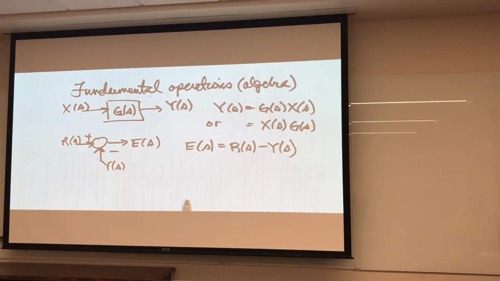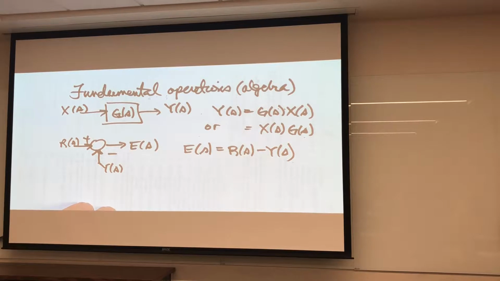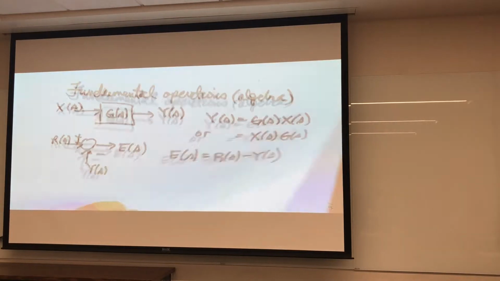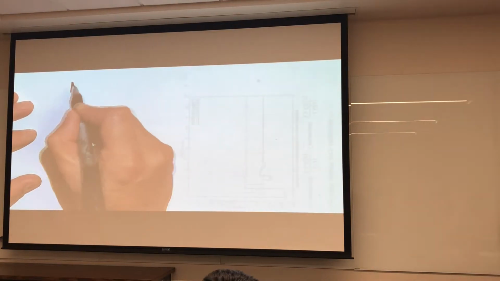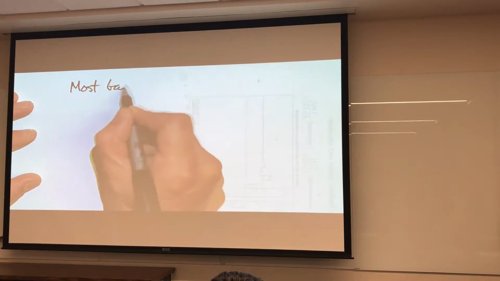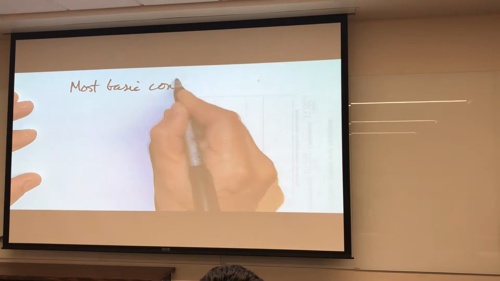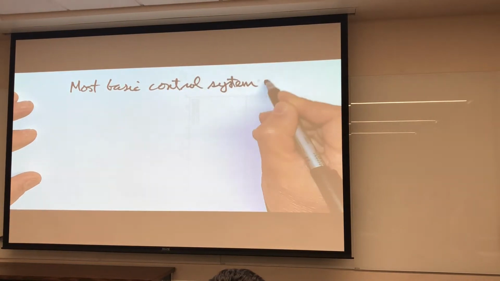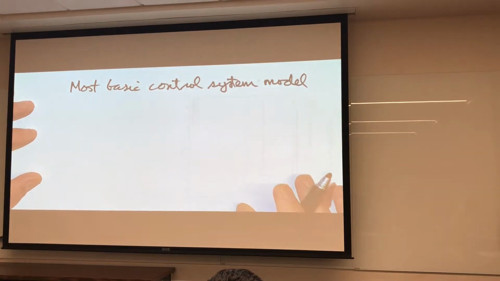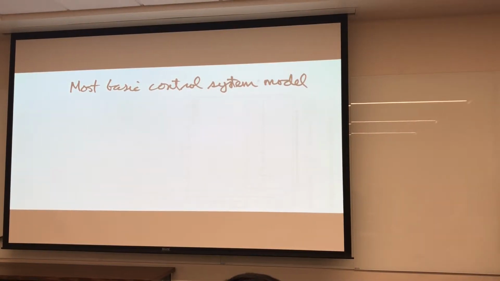Now, let's turn our attention to the most basic control system model. And you all have been sketching these out in your bios, which I have found interesting. So continue bringing those in.